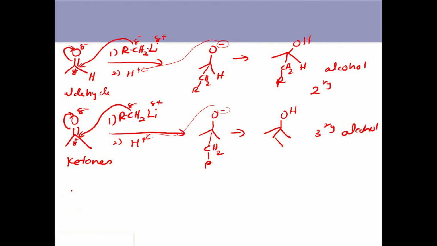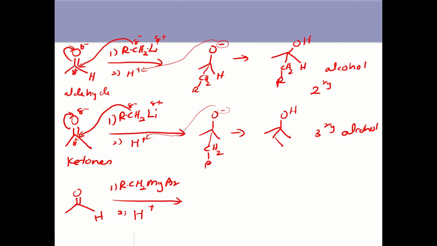If I do a similar reaction with organomagnesium, again I'm having an aldehyde. Similar to the above reaction, the first step is adding the organomagnesium compound, and as a second step you can add the acid.